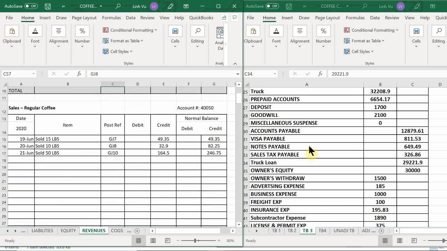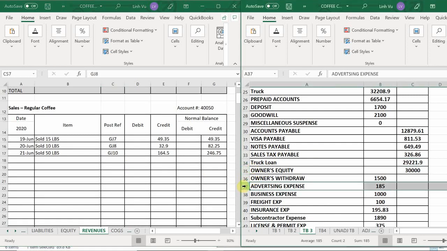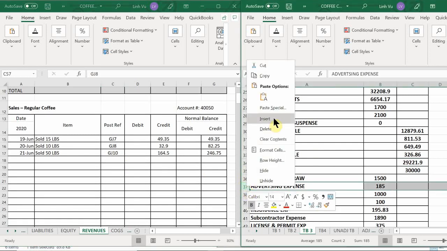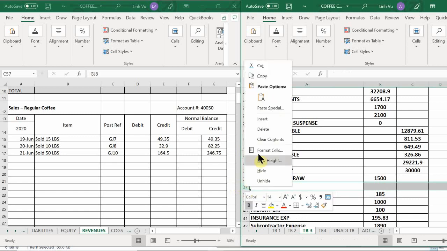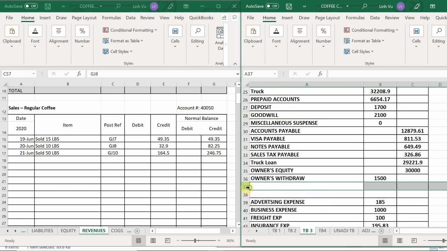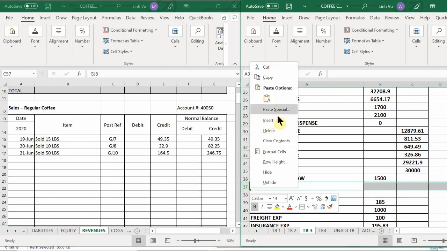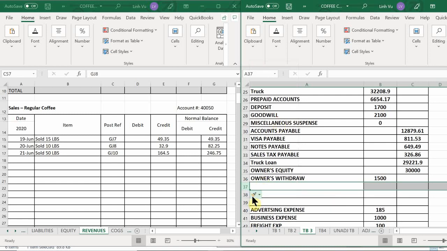Okay, so in this case, I'm going to go ahead and start inserting them now right above advertising expense. So we have sales for regular coffee, sales for Supreme Regular coffee, sales for ceramic coffee mugs, or ceramic cup.